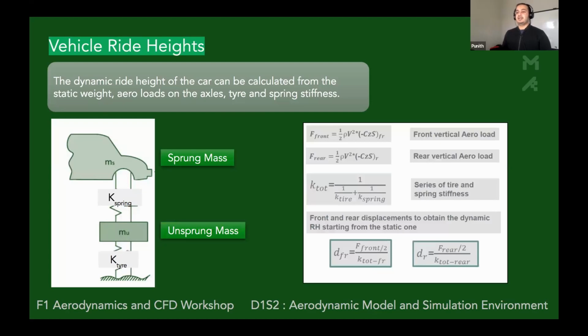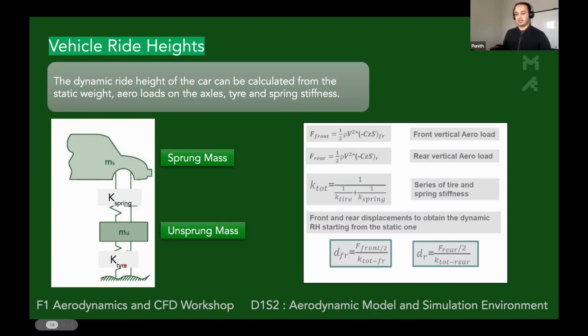The dynamic ride height of the car can be calculated from the static weight and aero loads on the axles, and you can actually calculate how much the wheel is moving, because you have the spring stiffness and the stiffness of the tire itself. So you can add those two.